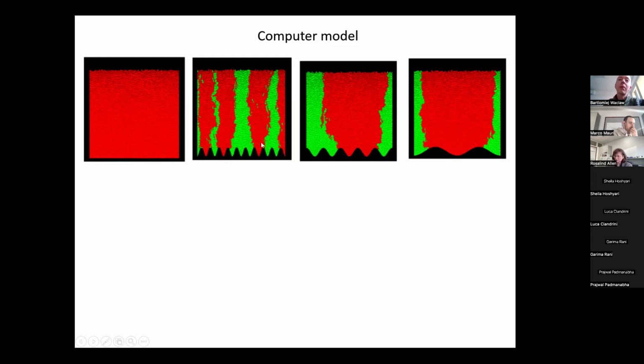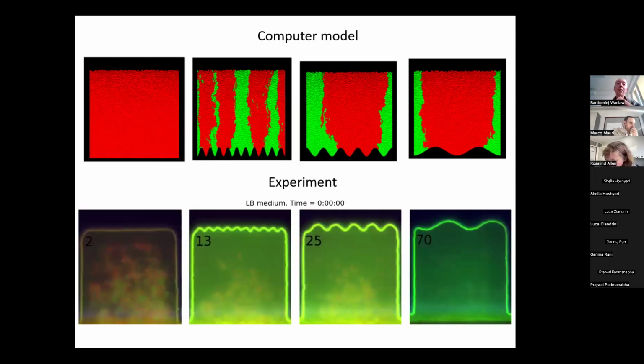So this is what our computer model would predict, but it's also what actually happens in reality when we do an experiment like this. In the experiment, we start with two strains which have the same fitness, but one of the strains, the red one, has a mutation which makes it resistant to rifampicin.